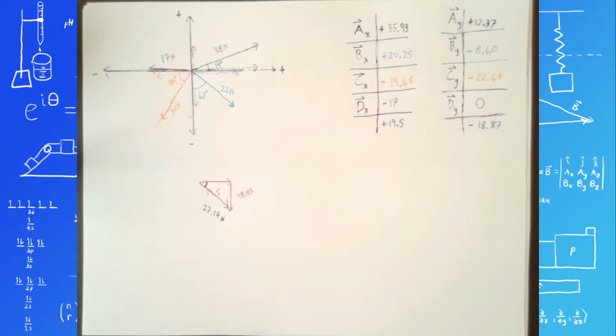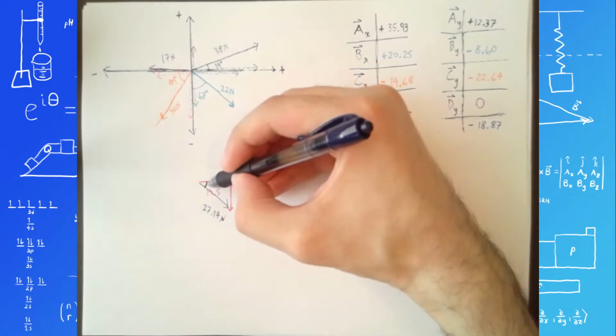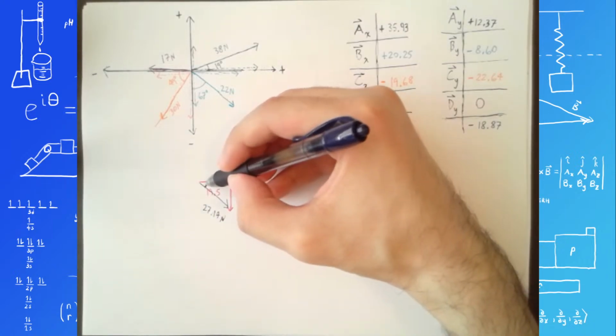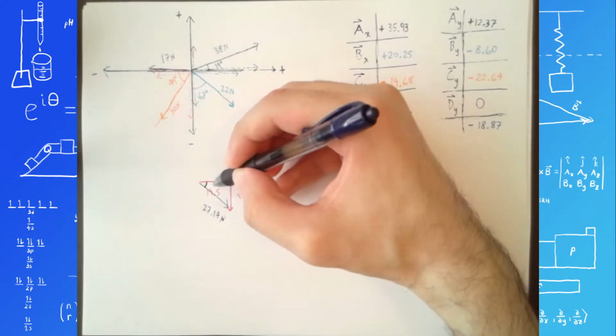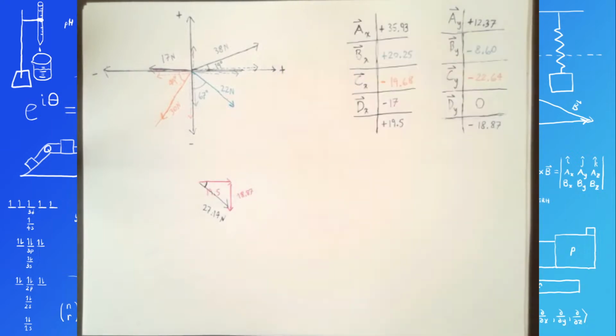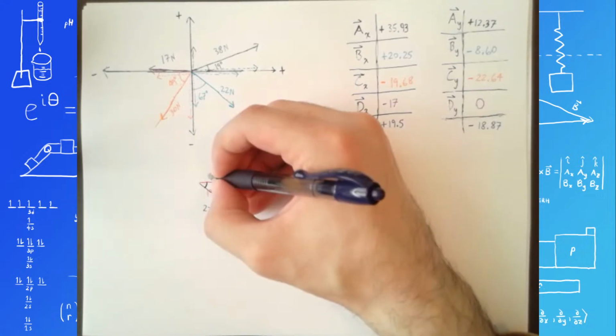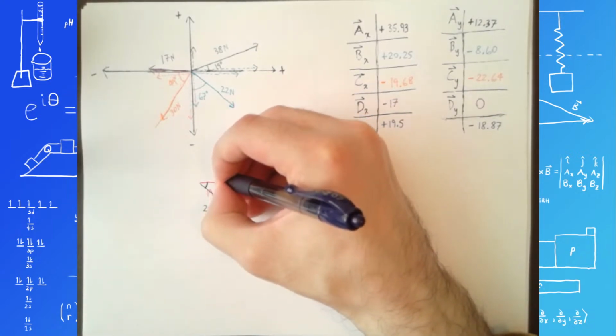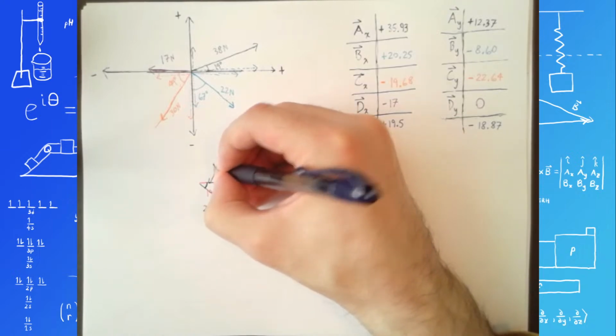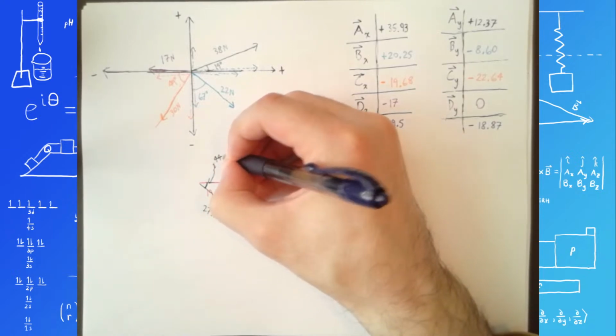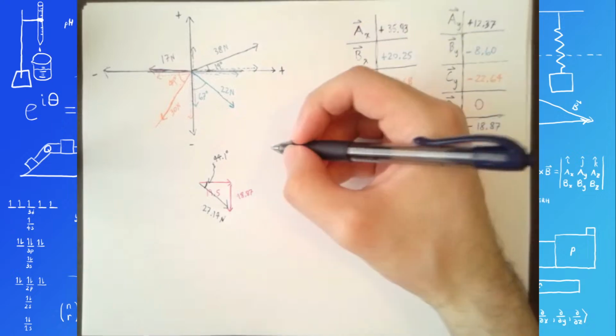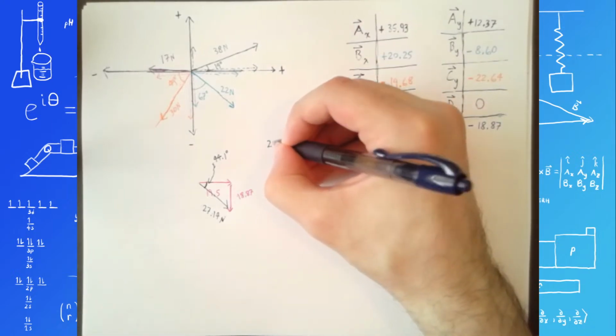So if I do inverse tangent of opposite over adjacent, opposite to this angle would be the 18.87, and adjacent to it is the 19.5. 18.87 over 19.5 gives me about 44.059 degrees. So I'm going to round that to 44.1. This angle over here is 44.1 degrees.